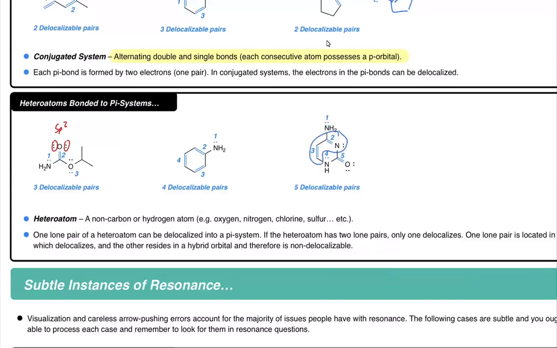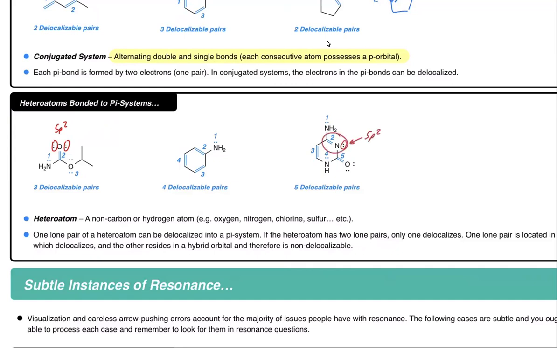You'll notice that these pi bonds there are conjugated, so we could inherently count those as delocalizable. And then this nitrogen atom is adjacent to this pi system. It could resonate into that pi system like so. I'd count one delocalizable pair on that nitrogen and another for the pi bond that would resonate as a result of that movement. Notice I'm not counting this lone pair here as being delocalizable because the nitrogen is already pi bonded.